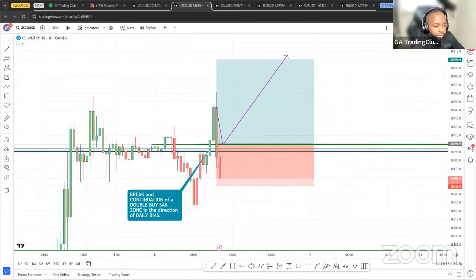All right, so we can see that selling pressure coming in. So this trade might end up getting stopped out.